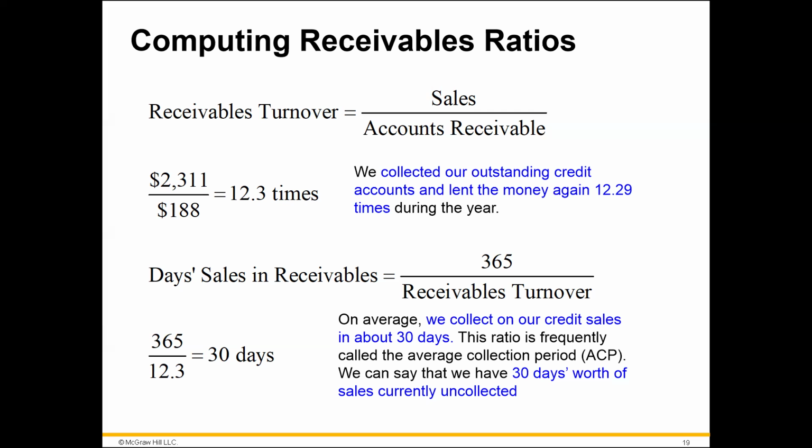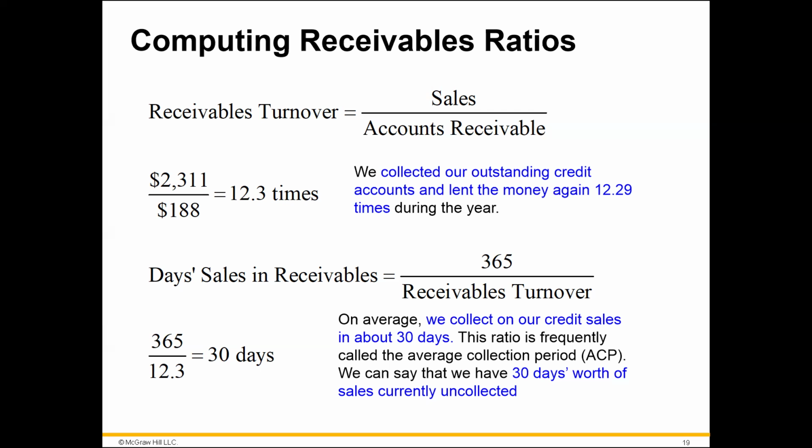So we can express this number as days sales in receivables, which is defined as 365 days over the receivables turnover ratio.